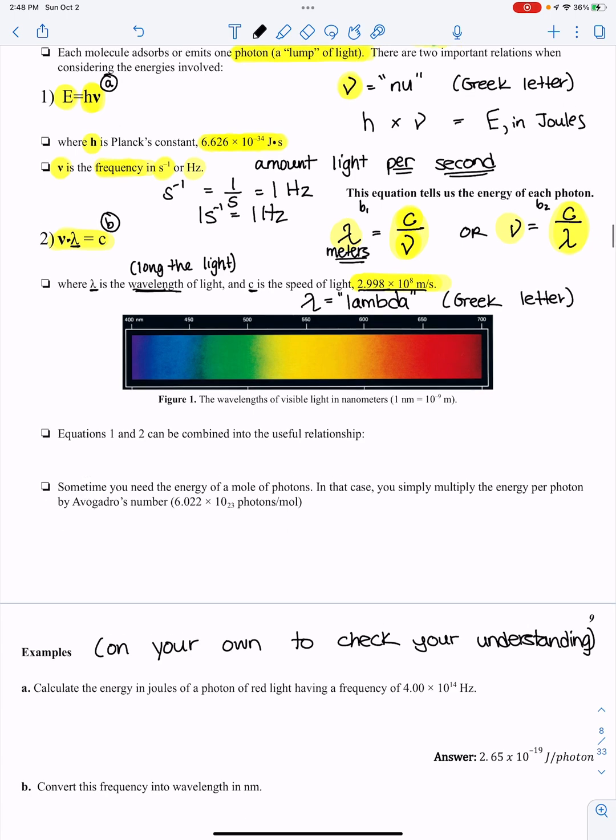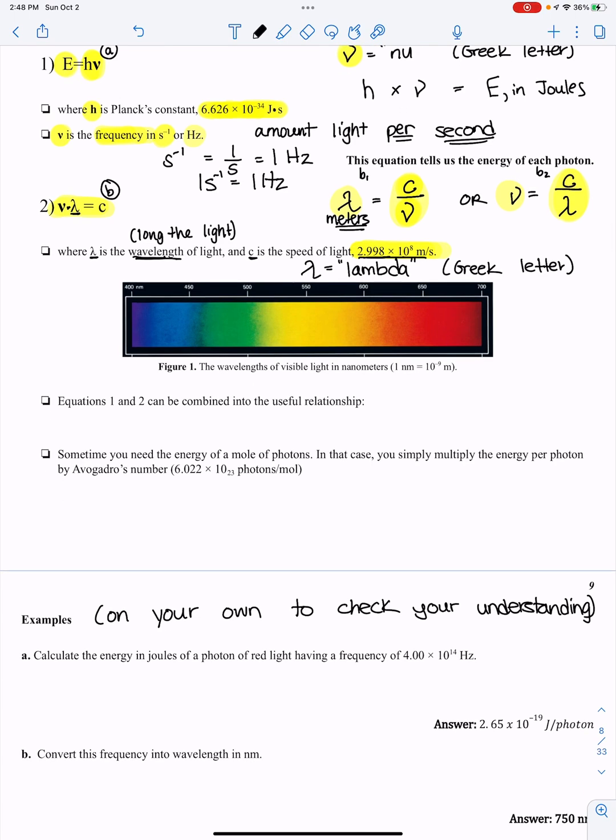Good job. Now I could combine some equations here. If I combine this equation with this equation, using a different color, we will get a more useful relationship. Why is it useful? Because we're typically given the wavelength.